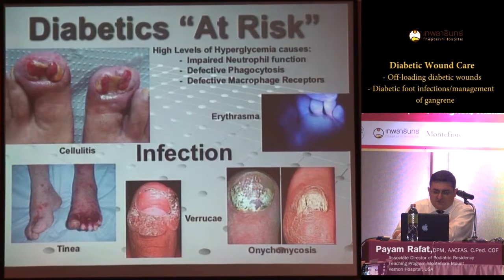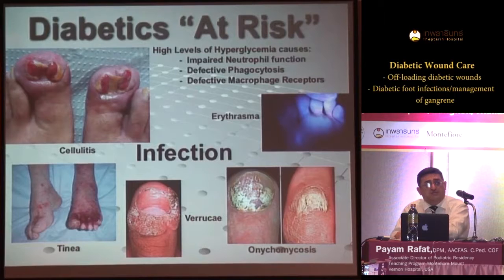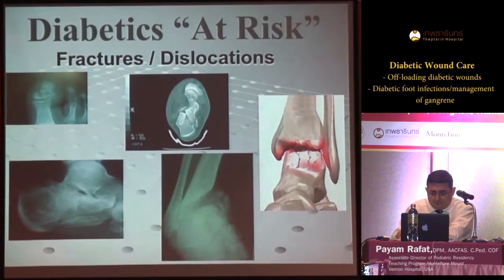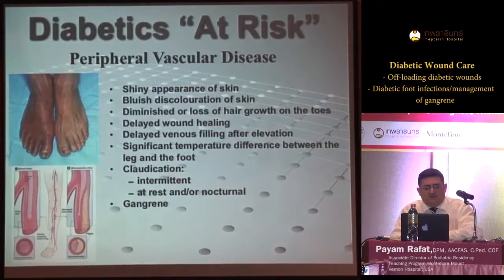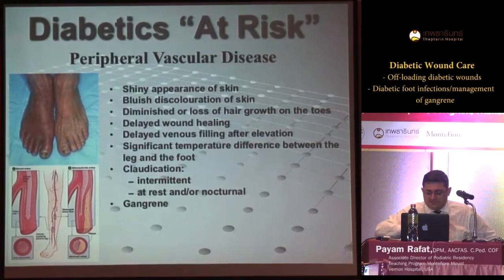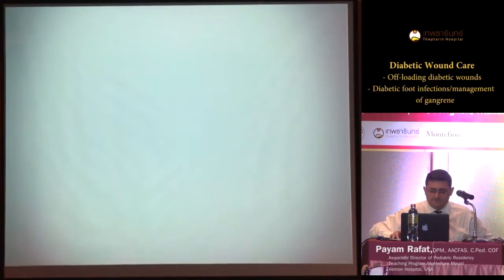They're at risk for developing infections, whether bacterial, viral, or fungal. Diabetics are at risk for developing fracture dislocations, and increased risk for Charcot foot deformities. They're at greater risk for peripheral vascular disease, leading to decreased perfusion and circulation.